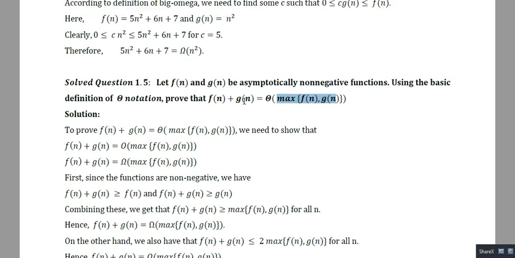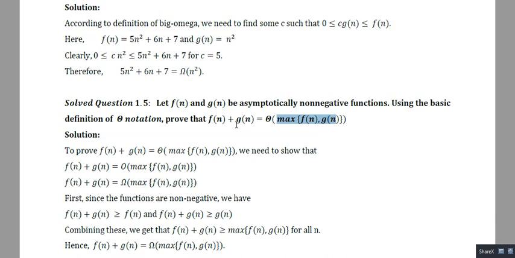So as already told you, f(n) is equal to theta of g(n) means f(n) is big O g(n) as well as f(n) is big omega g(n). So here I will apply the same concept, right? So my target here is to prove that f(n) plus g(n) is big O of this part, as well as I have to prove that f(n) plus g(n) is big omega of this.